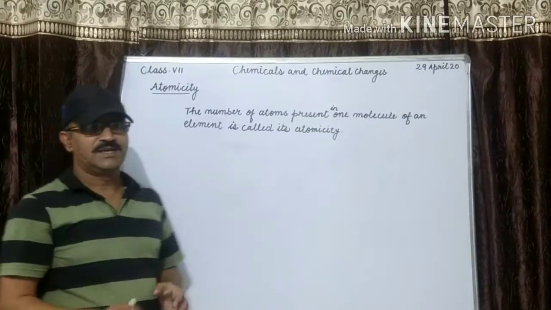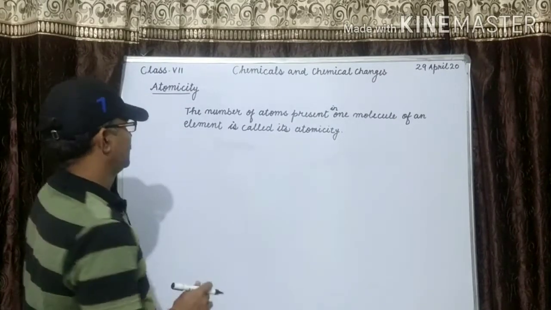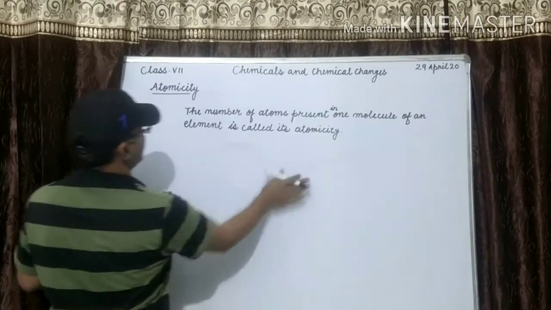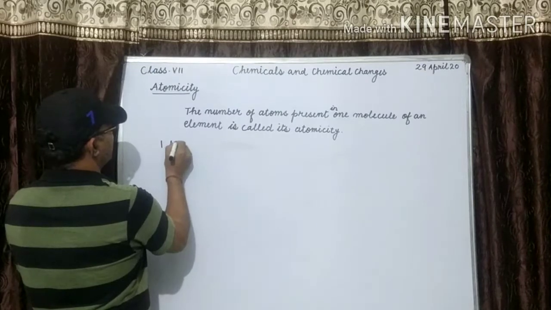Now you see, elements can be classified on the basis of atomicity. How can we classify? Number 1, monoatomic.